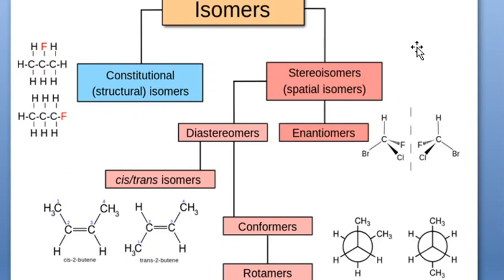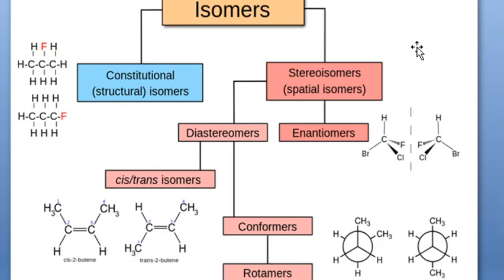These stereoisomers, or spatial isomers, are classified into two types: one is enantiomers, another is diastereomers. Diastereomers are again classified as cis-trans isomers and conformers.